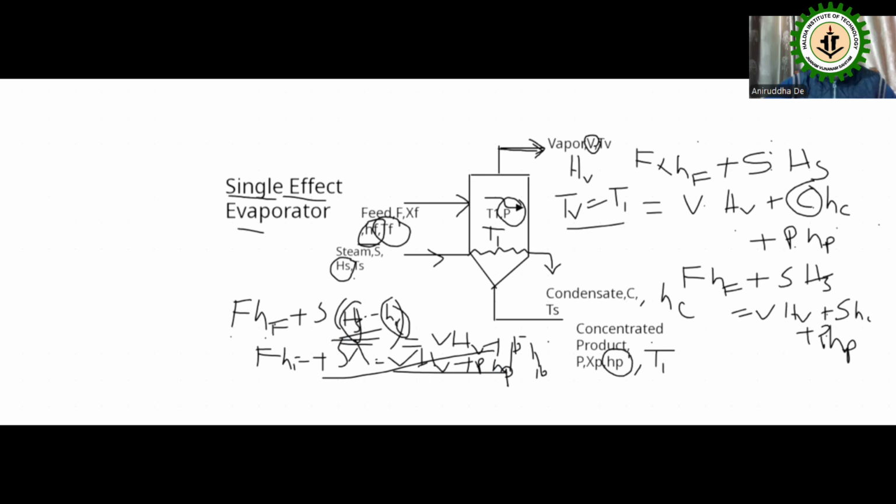Generally vacuum is maintained inside. We know 100 degrees centigrade is the boiling point at 760 millimeter of Hg, or 1 atmospheric pressure. But inside the evaporator, it is maintained at about 600, 500. From the steam table, you will get the boiling point corresponding to 500 millimeter of Hg.